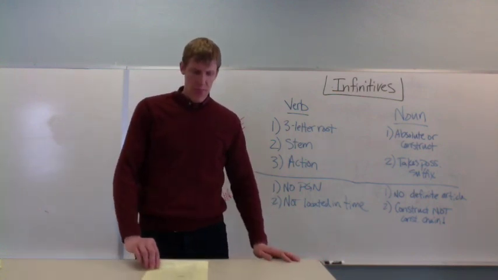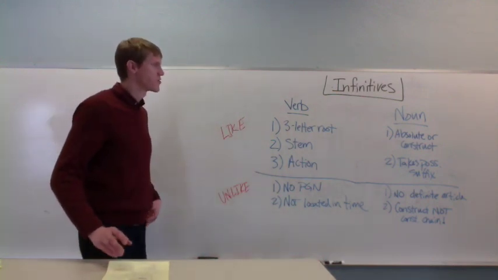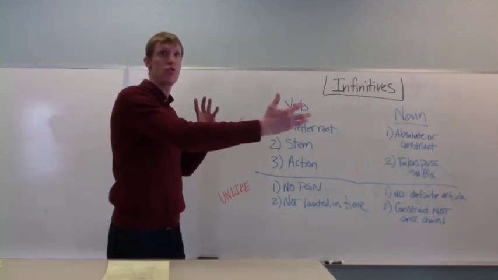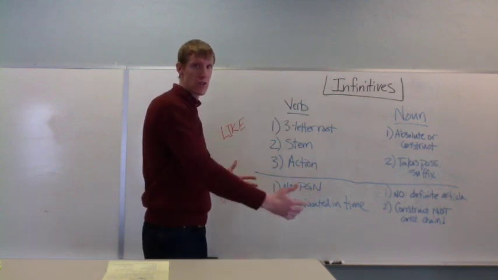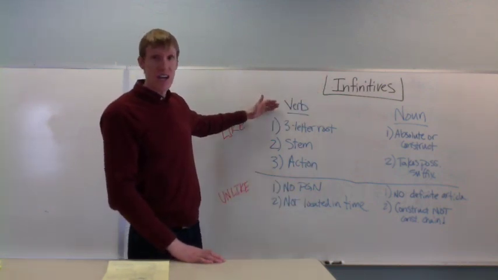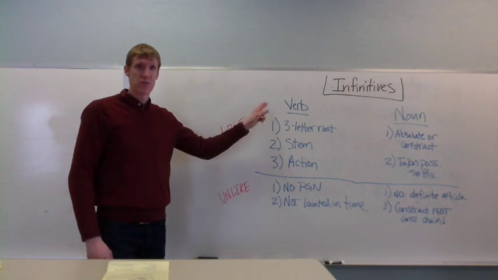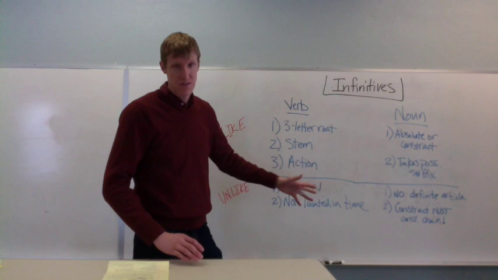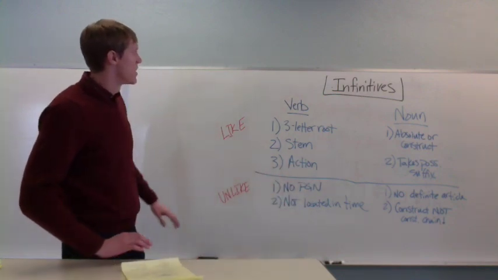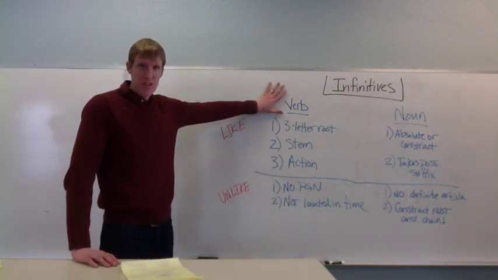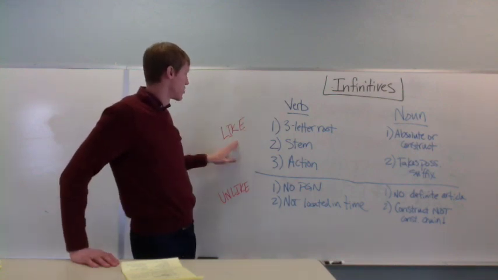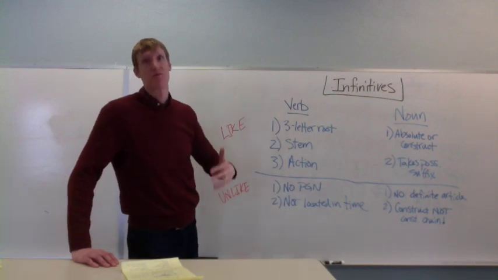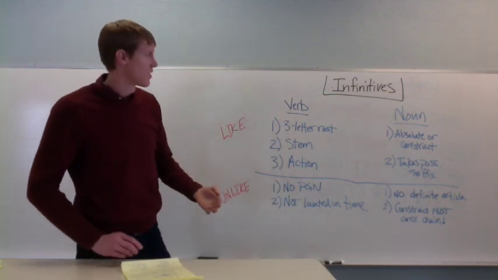Okay, so I want to just illustrate for you some of the similarities and differences between infinitives and their two grammatical categories. So infinitives are like and unlike verbs in certain ways, and they're like and unlike nouns in certain ways. So first, infinitives are like verbs in that every infinitive will be formed, like every other verb, from a three-letter root. Okay?